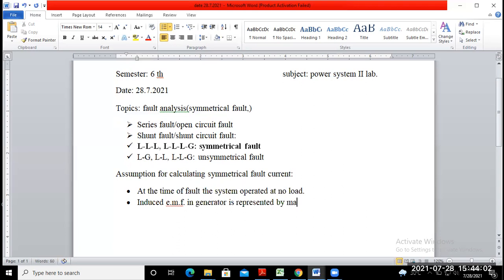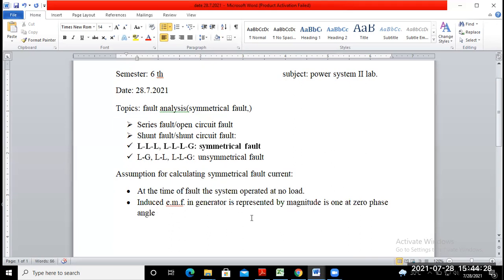Remember, magnitude is 1 at 0 degree phase angle.